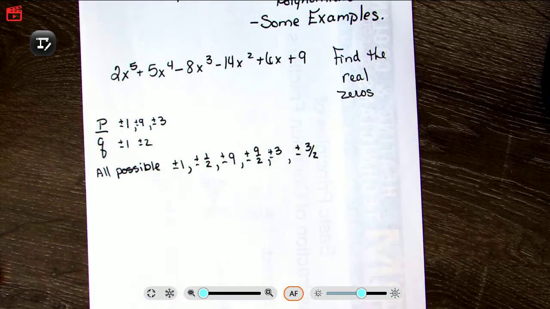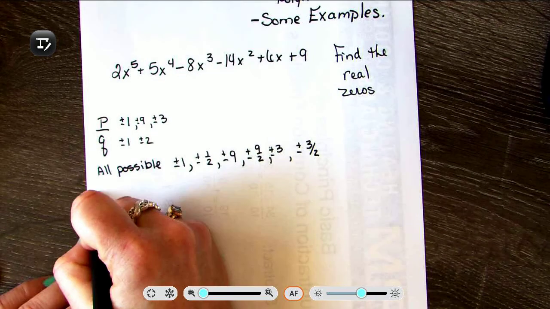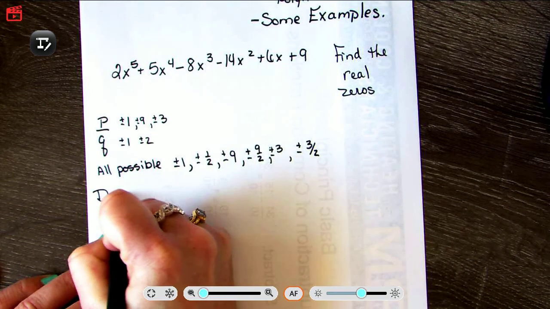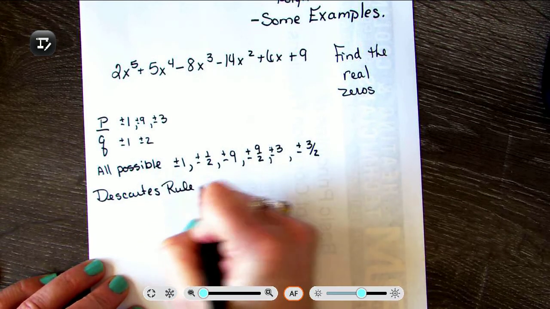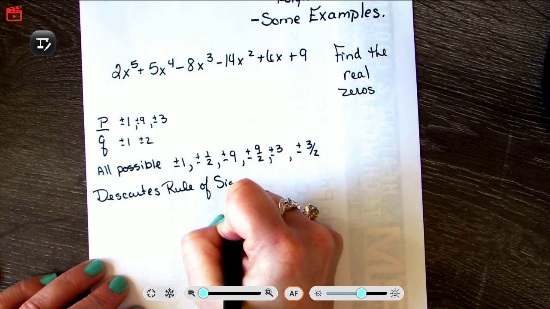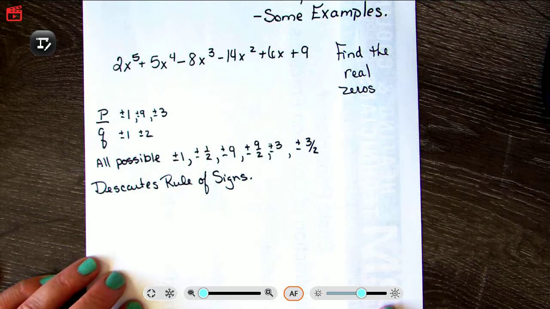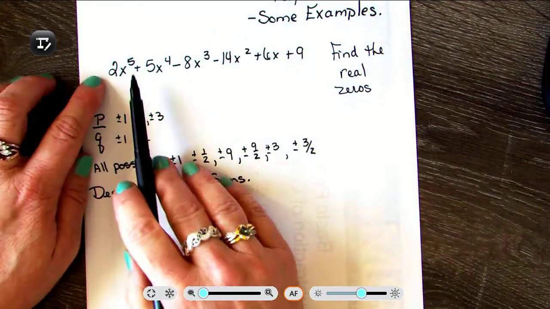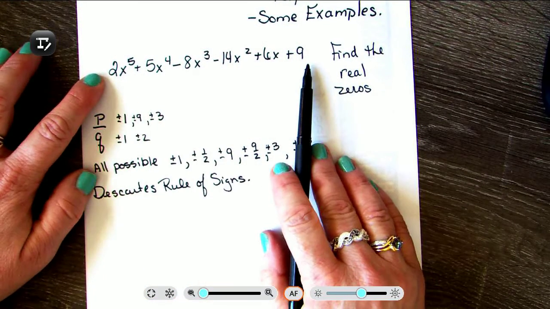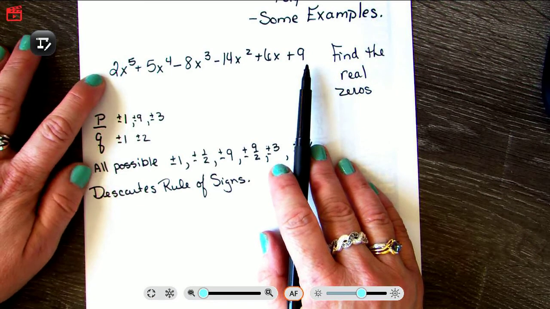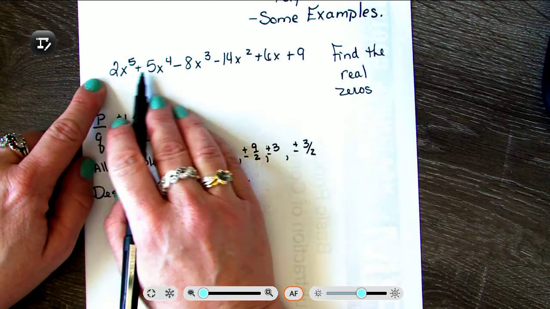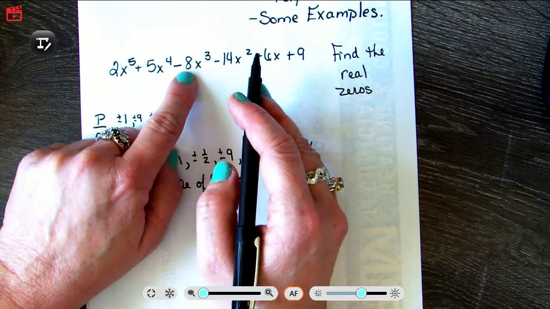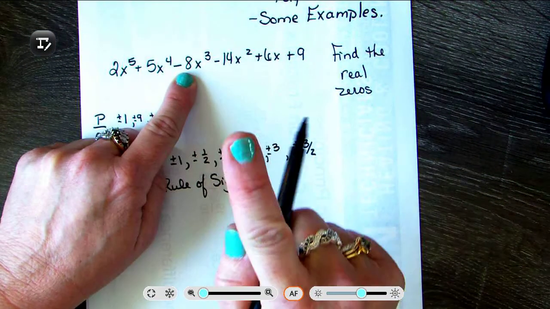Now we're going to look at Descartes' rule of signs and see if we can get rid of some of them or get a little bit more information. What we are going to do is look at the original equation and look at the sign changes. Our sign changes here were positive, positive, then negative. That's one sign change.